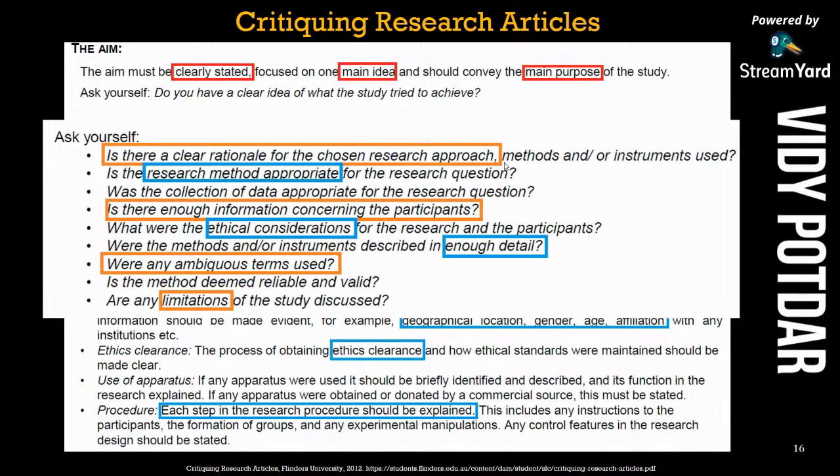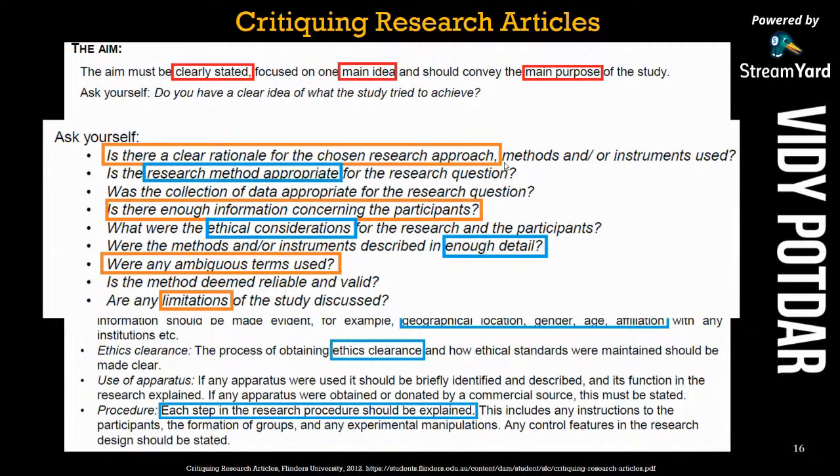Maybe some studies are very useful for doing a questionnaire based, like a quantitative study, whereas others are much better doing a qualitative study. So depending upon your research question, your research methodology should match. And if that match is missing or is not specified in the article, that is another option for you to give your critical opinion.